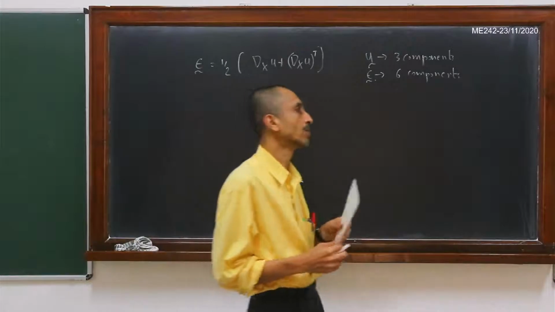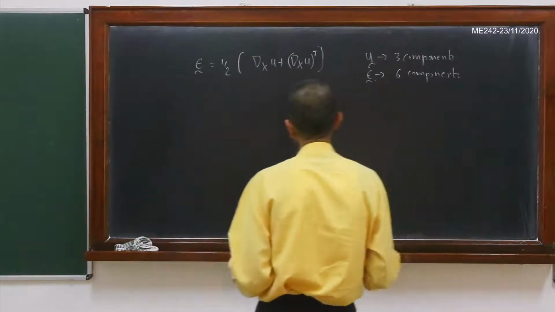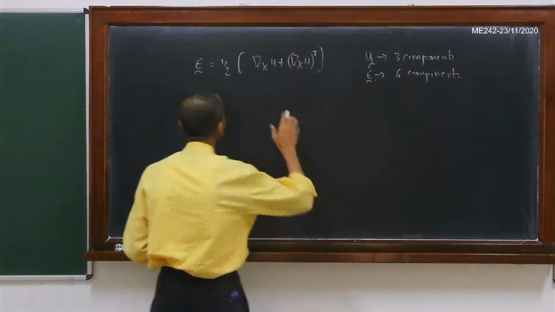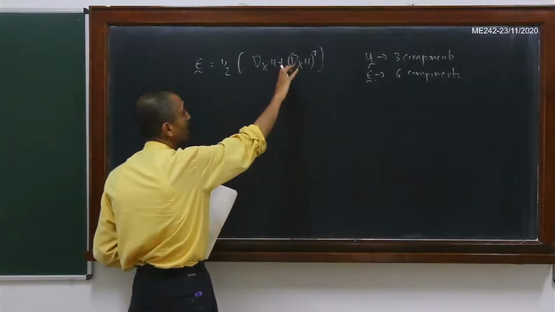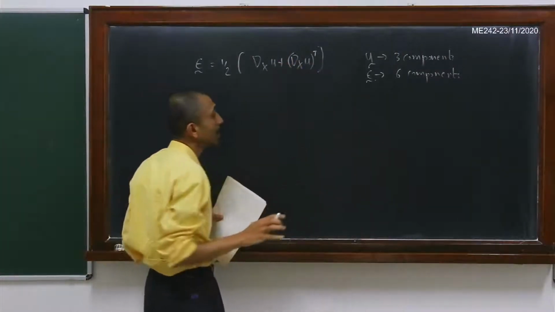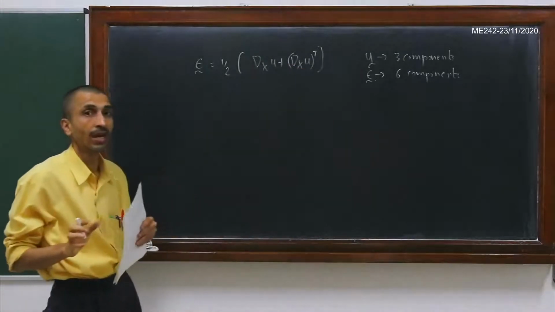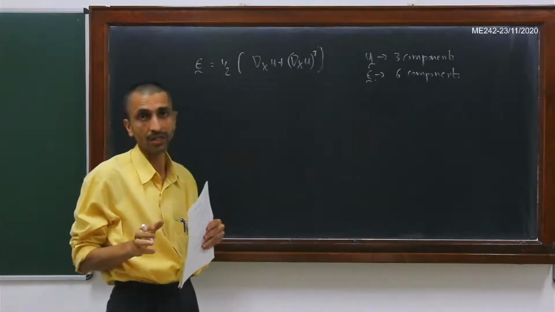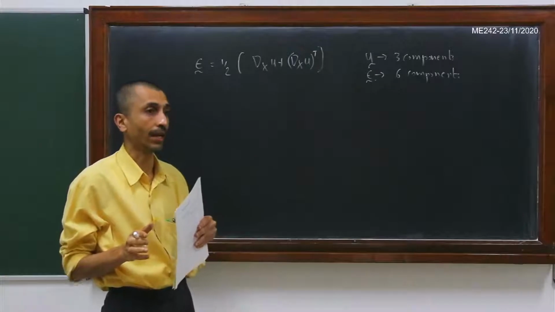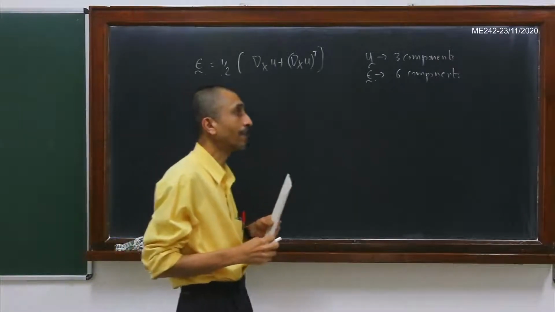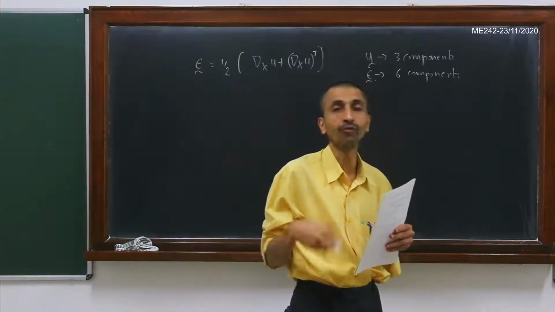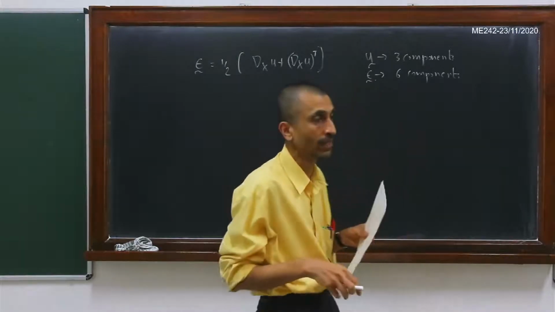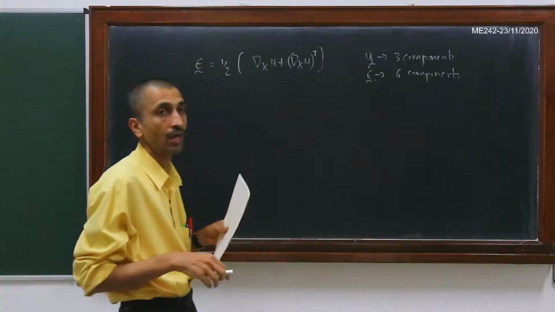So we'll talk about those constraints. In the same way, if I give you the strain components and ask you to find the displacements, then the strain components have to satisfy certain constraints, which are known as the compatibility relations. If these compatibility relations are not satisfied, then you will not be able to find a single valued displacement corresponding to those particular strains.